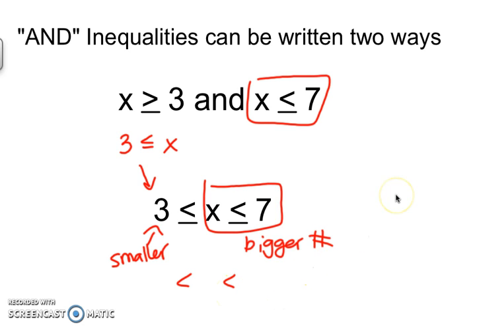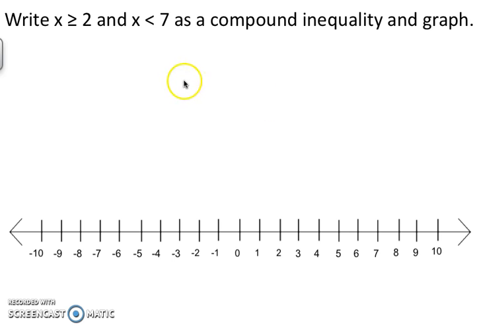So let's practice that. I need to write x is greater than 2 and then less than 7 as a compound inequality. I'm going to write that with an x in the middle. Out of 7 and 2, which number is bigger? That would be 7. So my 7 goes on the right side and my 2 goes on the left side.